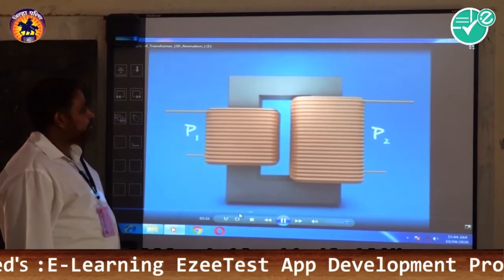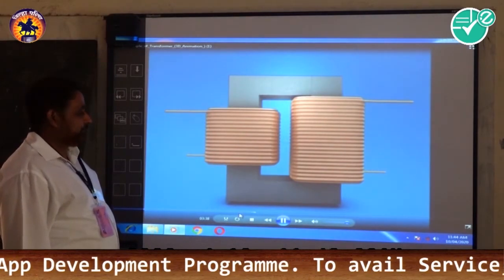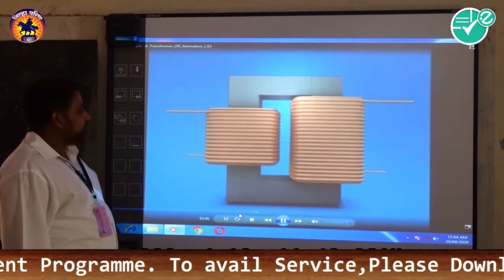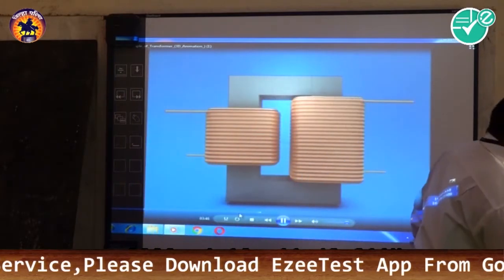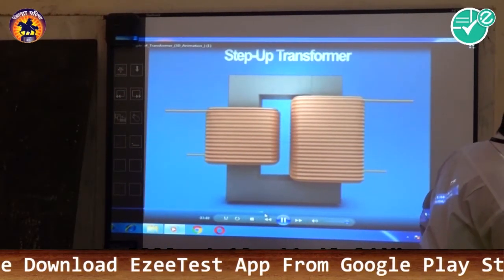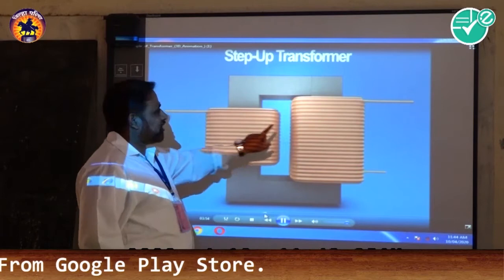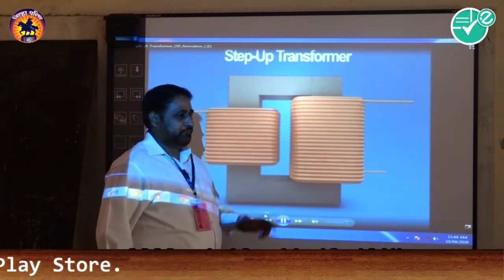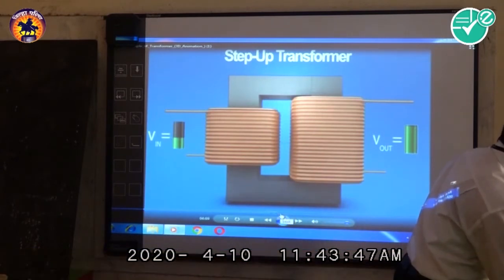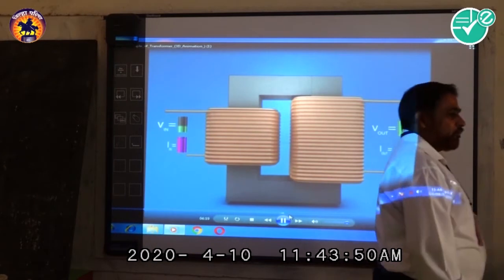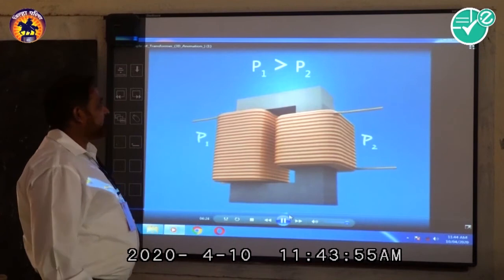And now you can see how the transformer works, the working of a transformer here. This is a step-up transformer where the number of turns in the primary are less, whereas the number of turns in the secondary are more. So you can see here the input voltage Vin and the output voltage Vo.